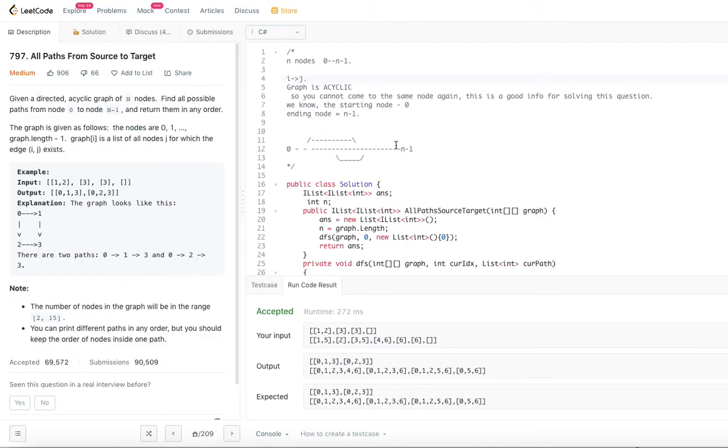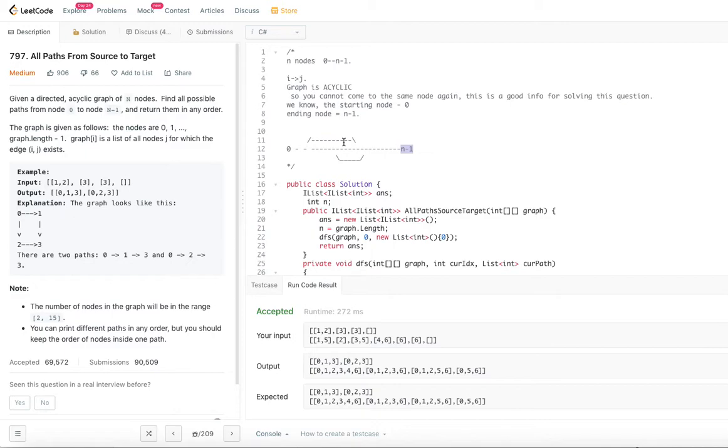Now our task is to find not just one path but all possible paths going from 0 to n minus 1, the 0th node to the last node. I have a rough diagram here: we have node 0 and node n minus 1, and you might have many different paths in between.